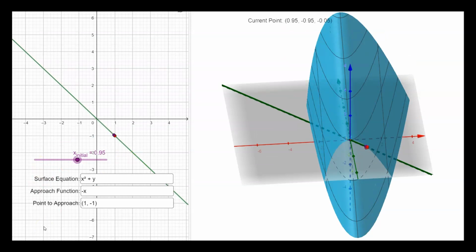All right, so we're getting closer, 1, negative 1. Oh, you know, it appears that even at that point, when x is 1 and y is negative 1, we seem to be getting closer to the point 0, 0, 0.